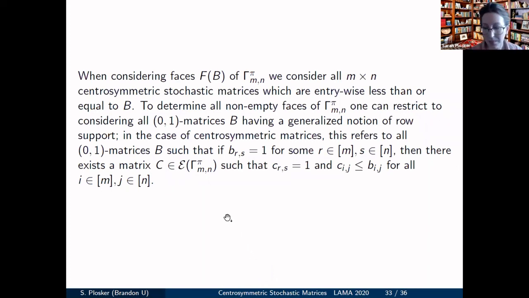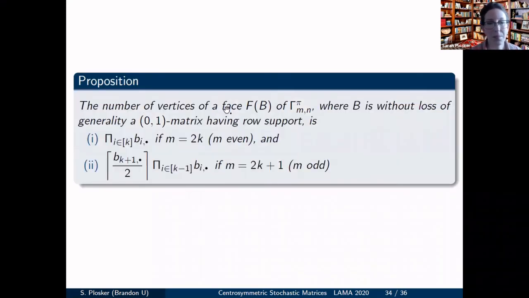Okay, so those are the extreme points. When we're looking at non-empty faces, we have to look at extreme points that are entry-wise less than or equal to our given matrix B. So we have some given matrix B, a 0, 1 matrix, and we're going to count the extreme points of m by n centrosymmetric stochastic matrices that are entry-wise less than or equal to B. If m is even, then we just have to take the row sums and multiply them together up to k, where m is equal to 2k.